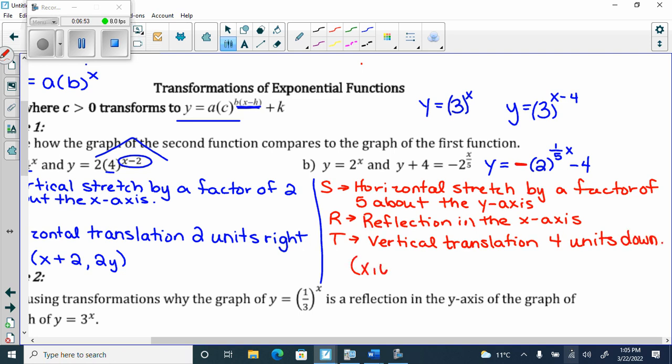Mapping x, y becomes, so the only thing that affected my x was this 1/5. So I'm going to get 5x. And then I have a negative y minus 4.